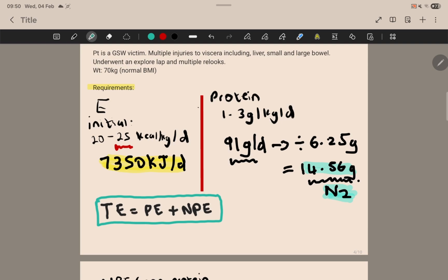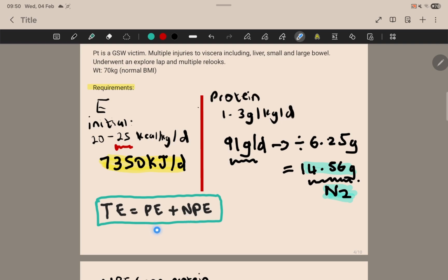When we're calculating carbs and fats, we use non-protein energy. So our energy gets split. If you look at this little turquoise box, it says total energy is equal to protein energy plus non-protein energy.